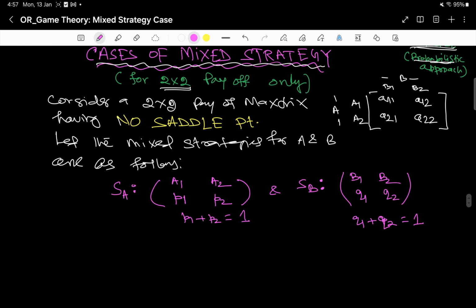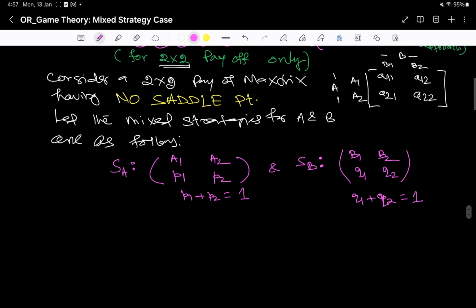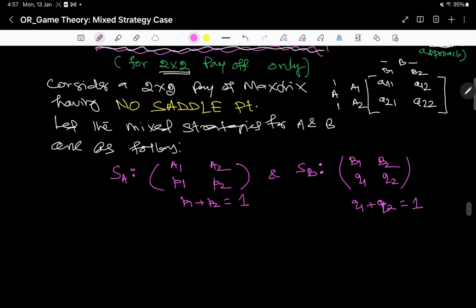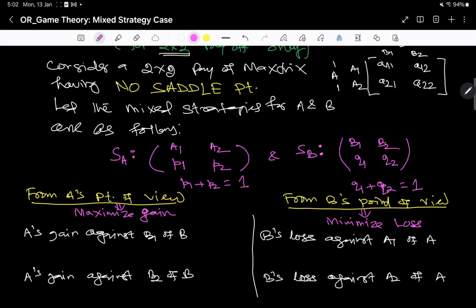Now we will consider the move of A and the move of B as follows. From A's point of view, A always likes to maximize the gain. So A's gain against B1, A has the mixed case of P1 and P2. So against B1 it will be A11 times P1 plus A21 times P2.